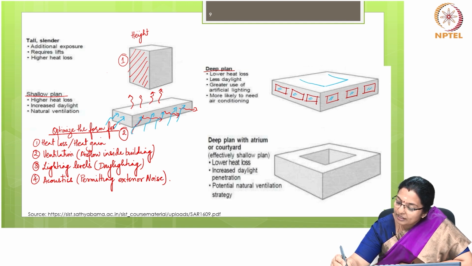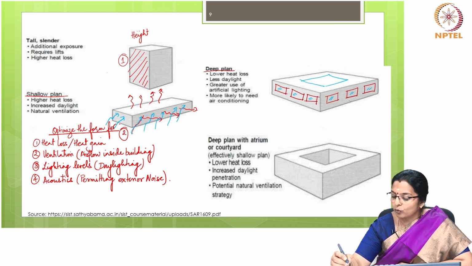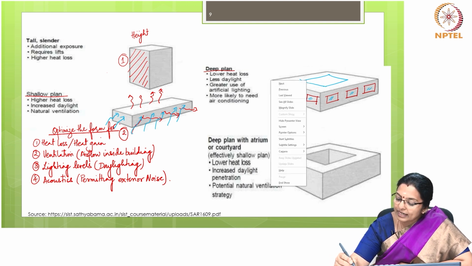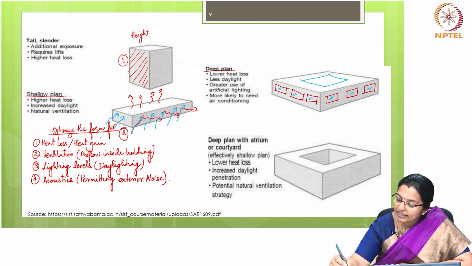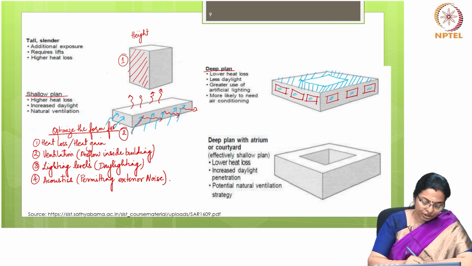Even if you provide in all the four sides, if you provide openings with appropriate shading devices, you will notice that only this portion inside the floor will have adequate daylight, and a large portion will remain dark.